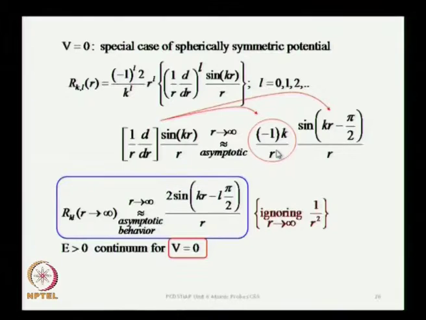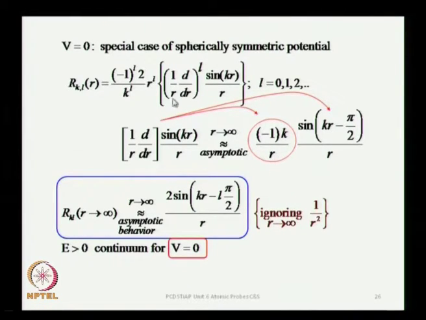So you will get a phase shift of pi by 2, and that is what gives you this net radial function. Because there is a factor of minus 1 over k, minus 1 times k over r, this will get multiplied L times.